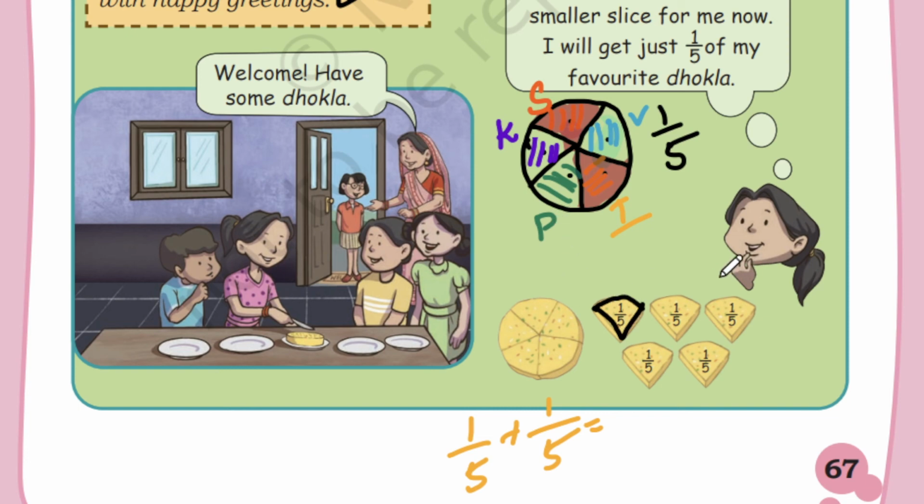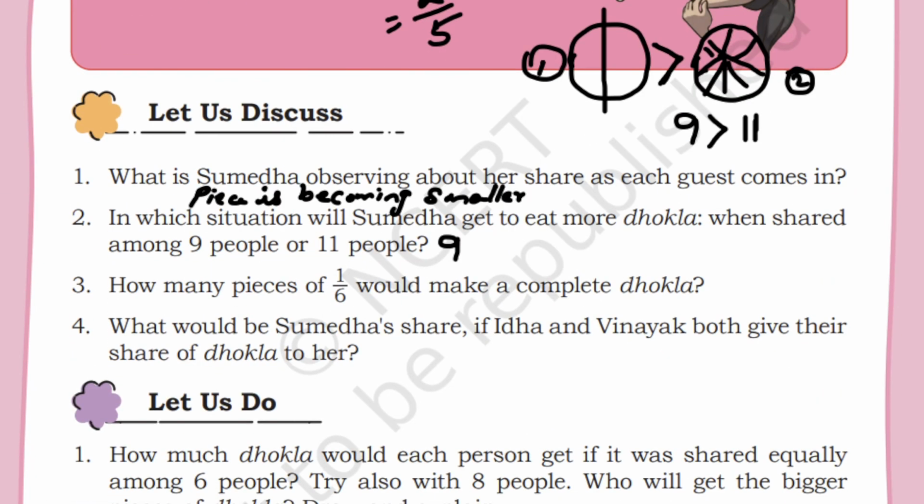So 1, 2, 3, 4, 5. So 5 pieces of 1 by 5 make a whole Dhokla. Likewise 6 pieces of 1 by 6 Dhokla make a complete Dhokla.